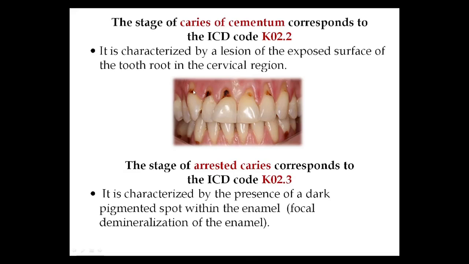And the last one, the stage of arrested caries, corresponds to the ICD code K02.3. It's characterized by the presence of a dark pigmented spot within the enamel, focal demineralization of enamel. A dark spot or pigmented spot means arrested caries, K02.3.